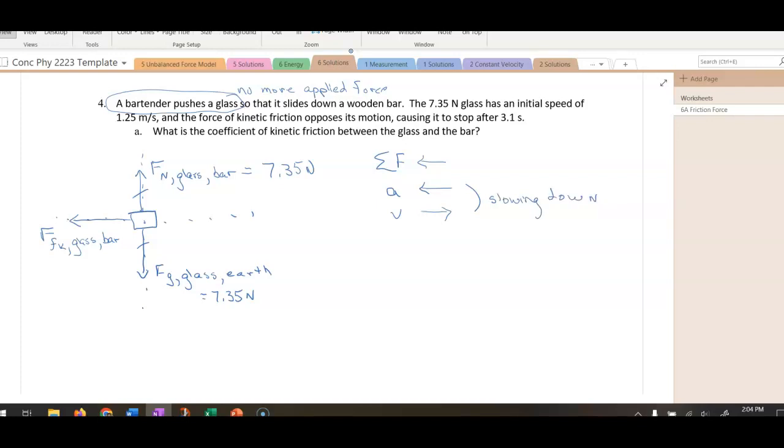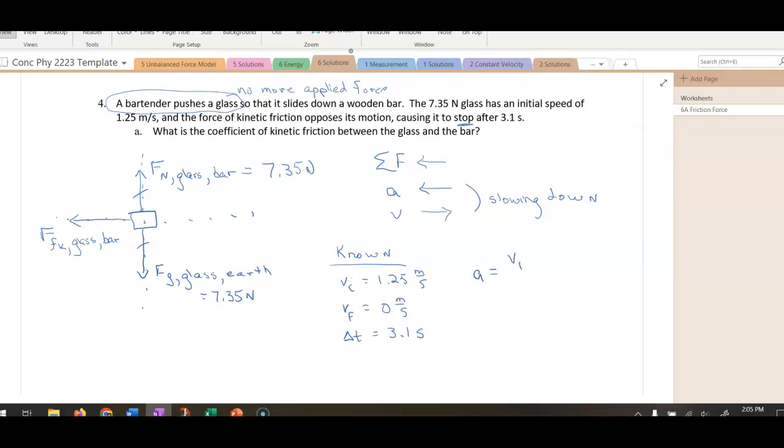Okay, so I think that we're going to have to find the acceleration, and I'm going to use a kinematic equation for that. So let me make a list of the things that I know. I know that the initial speed is 1.25 meters per second, and I know it stops. So the final velocity is 0, and it stopped after 3.1 seconds. So I'm trying to find the acceleration.